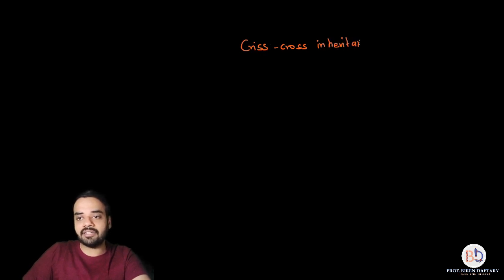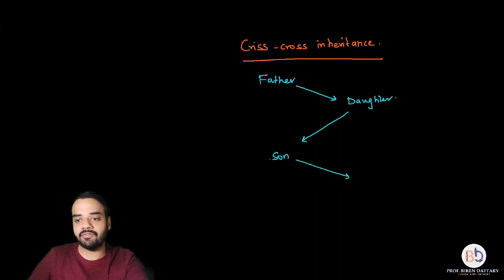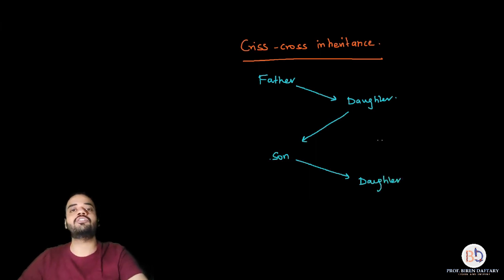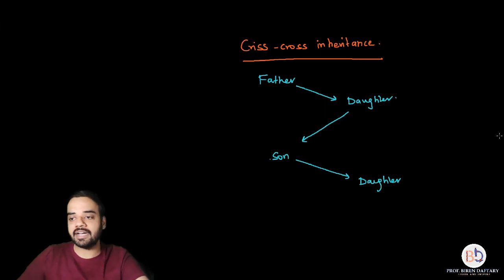And by that, what I mean is that the father will pass on the defective gene to his daughter, and the daughter will pass on the defective gene to her son, and again the son will pass on the defective gene to his daughter, and so on and so forth. So it is called crisscross inheritance, right?